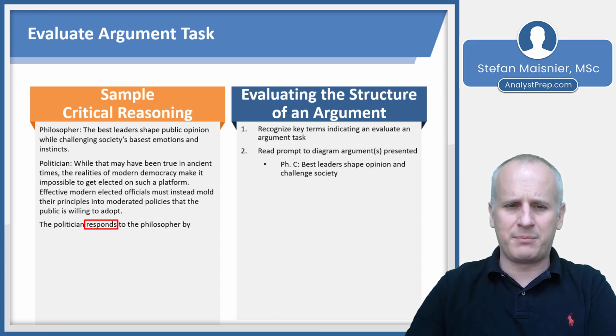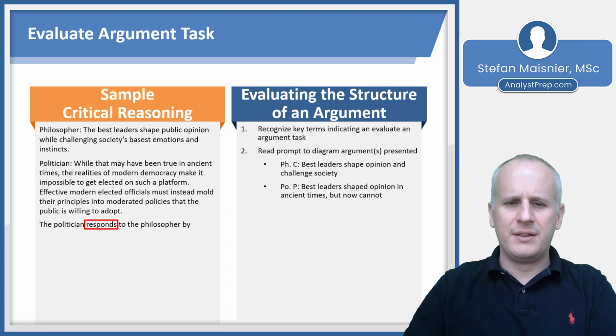So we move on to the politician, who states, while that may have been true in ancient times, the realities of modern democracy make it impossible to get elected on such a platform. So the best leaders shaped opinion in ancient times, but now they cannot. And then we've got effective modern elected officials must instead mold their principles into moderated policies that the public is willing to adopt.